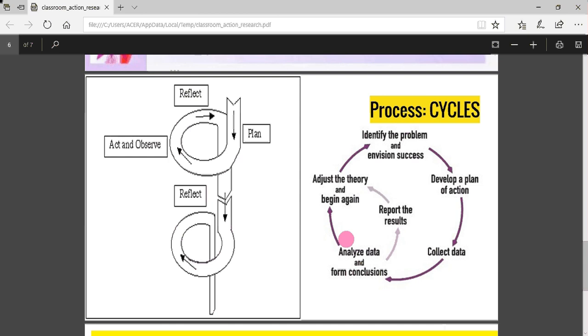But when the problem still remains unresolved, you make adjustments to your action, go to the classroom again and collect the data again, meaning your research is more than one cycle. It could be two cycles, or three cycles or more, until the problem is completed.